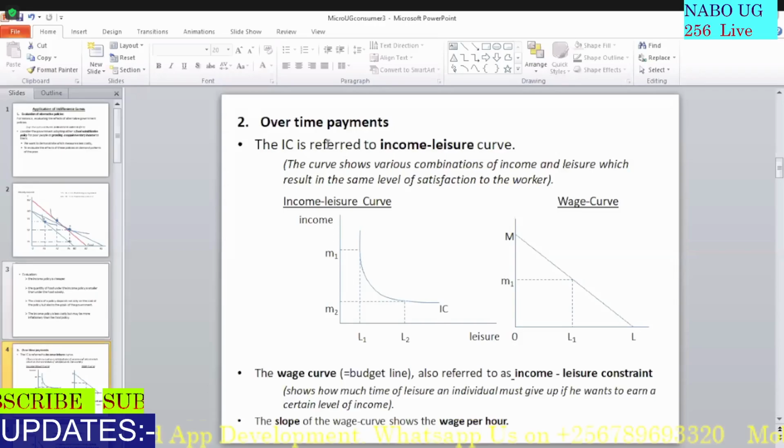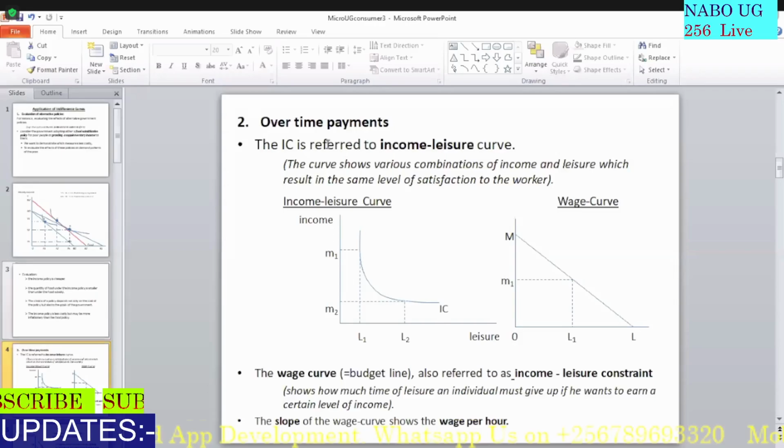It shows how much time of leisure an individual must give up if he wants to earn a certain level of income. So if we take OL here to be equivalent to 24 hours, if the individual works for all the 24 hours, he will earn an income equal to OM here.